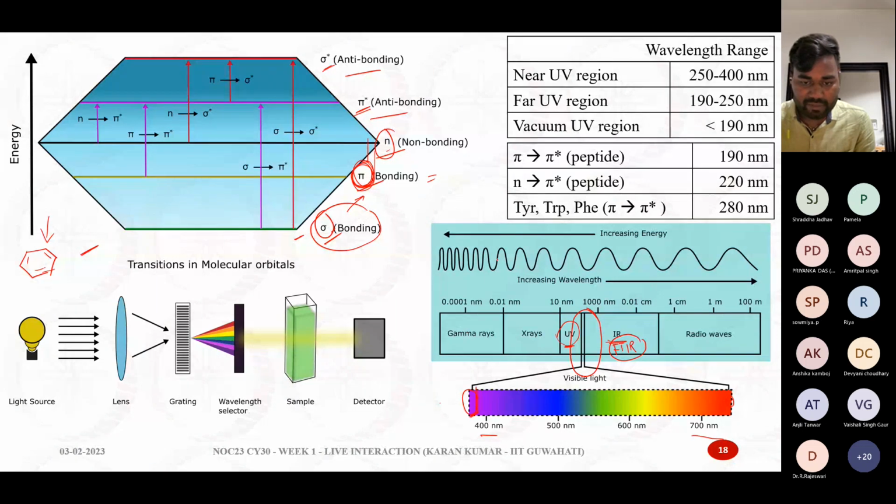When you are studying the different vibration, rotation, and characteristics of a particular bond, then that will focus on the infrared region, and that is what you study in FTIR.